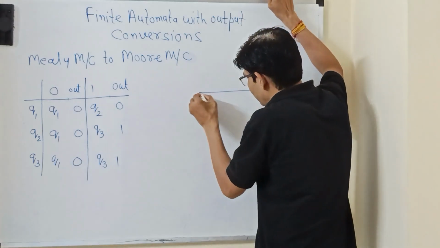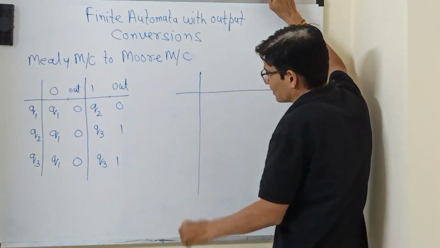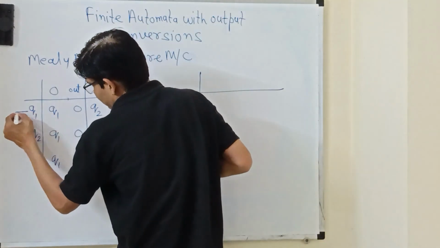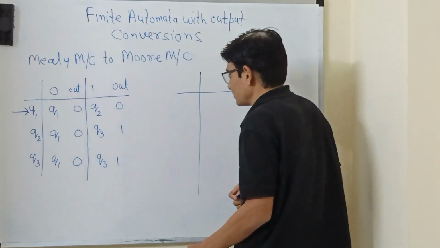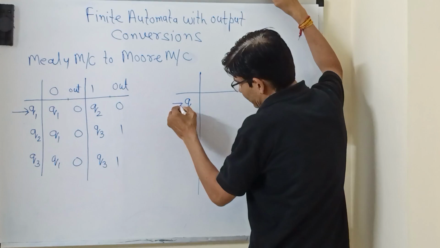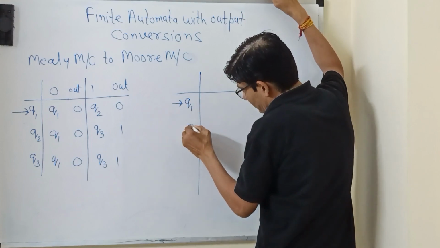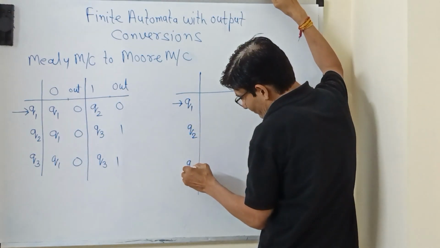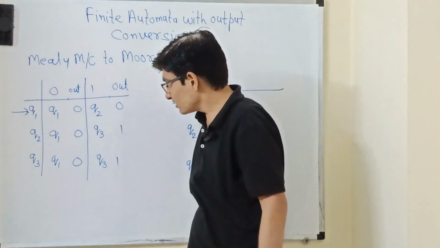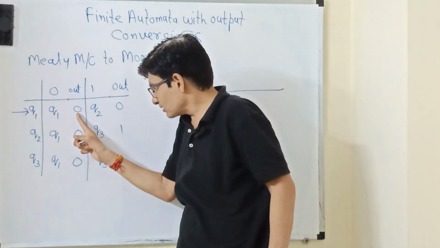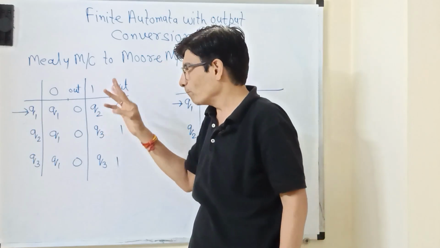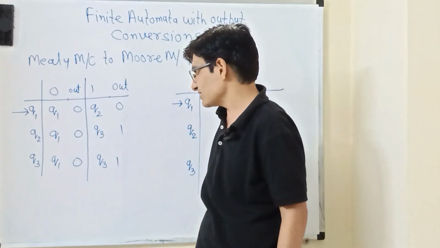I can create one table for this. This is our initial state. In this, again I will create Q1, Q2, and Q3. As I told you, first check whether a single symbol is associated with each state or multiple symbols are associated with each state.